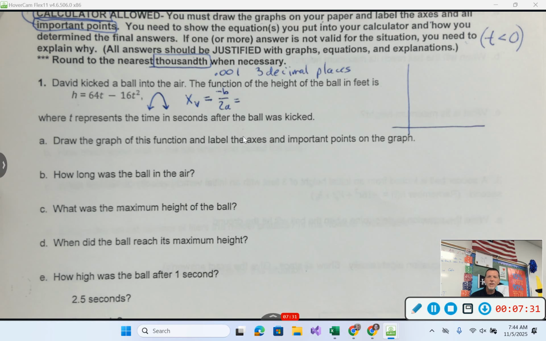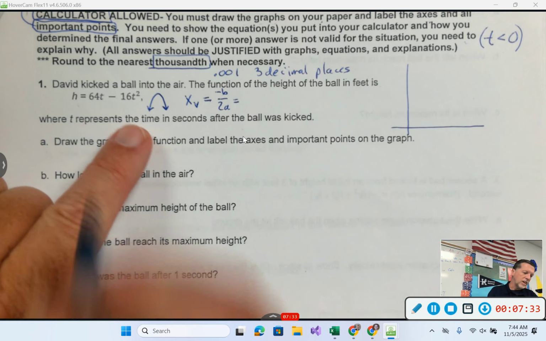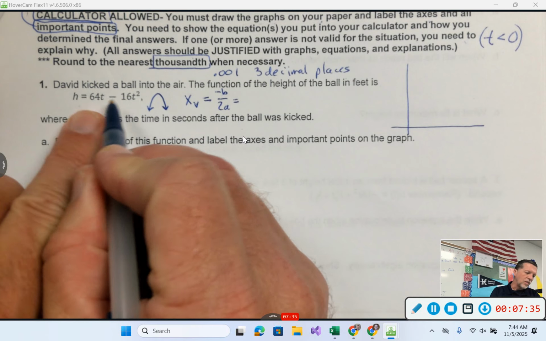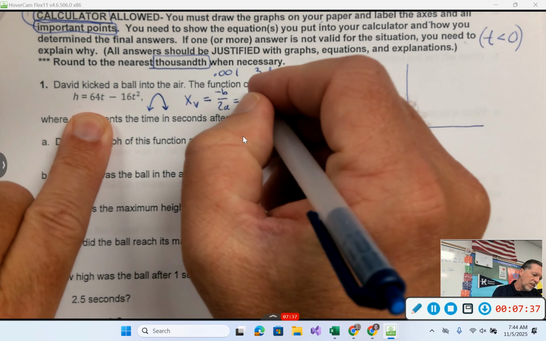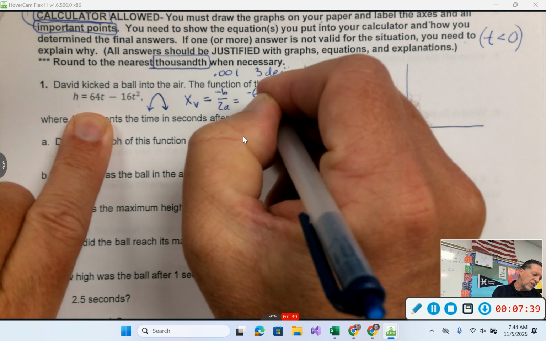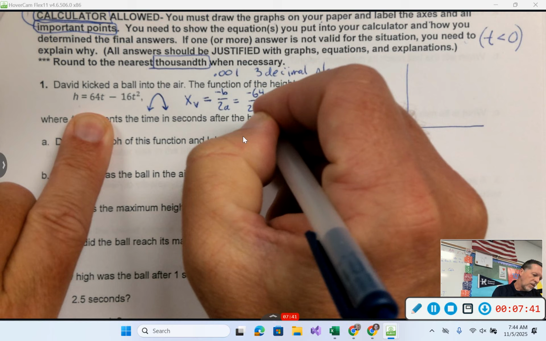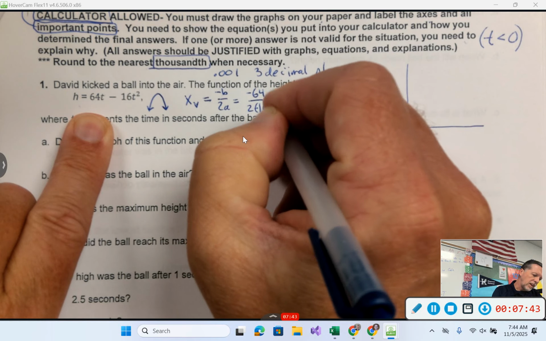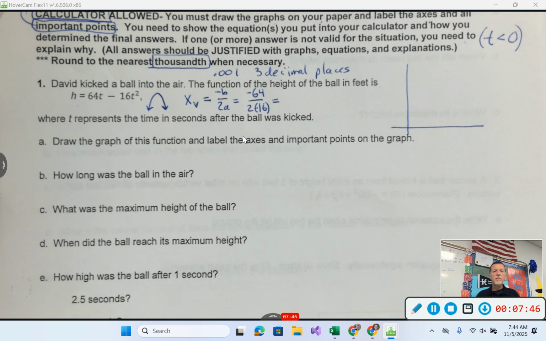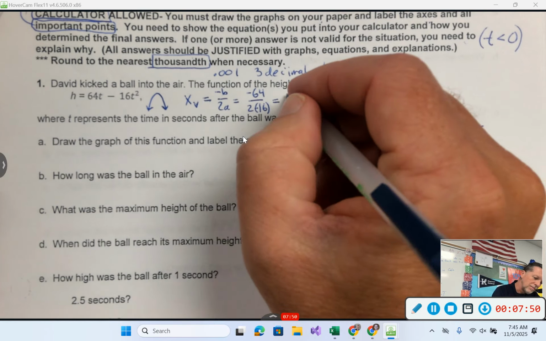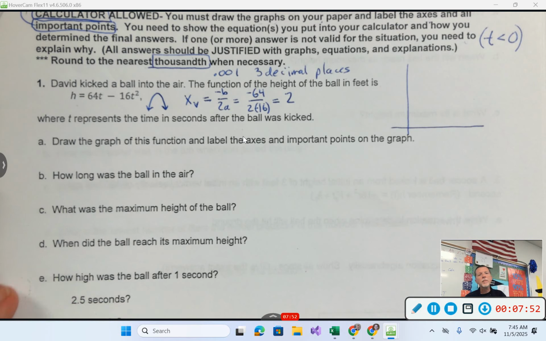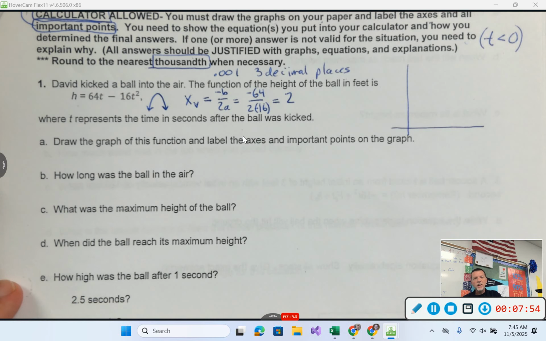It's out of order, but a is always the x squared coefficient, b is the x coefficient. So -64 over 2 times -16. You've got a calculator. Hopefully you don't need it to do 64 divided by 32, but you do you if you need it. So the x-coordinate of the vertex is 2.